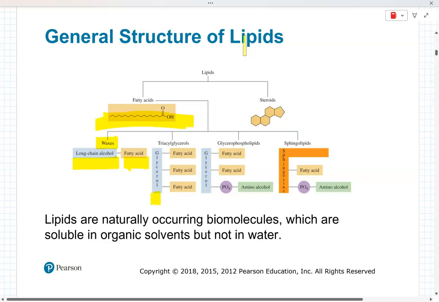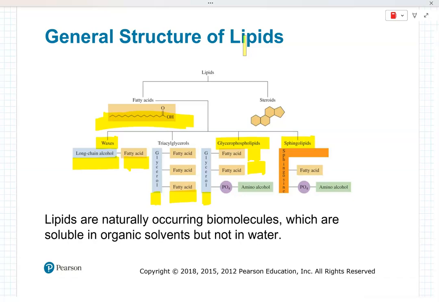Triacylglycerols, so glycerol, part of the name stands for, well, glycerol, and triacyl stands for 3 molecules of fatty acids. Glycerophospholipids, which contain glycerol, 2 fatty acids, and some other bells and whistles. And sphingolipids, which contain sphingosine, organic amine, fatty acid, and some other bells and whistles.